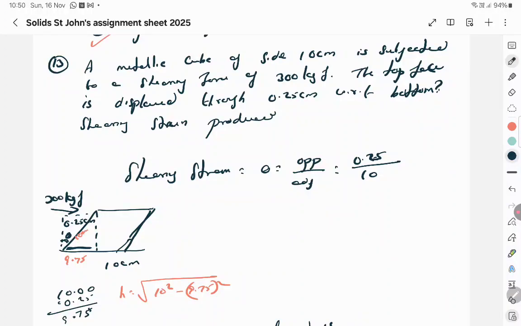And tan theta is opposite by adjacent, and opposite 0.25 by adjacent is just 10. So then shear strain is theta, which is change in length, displacement in the opposite side. Opposite by adjacent. Tan theta is what is called the shearing strain.